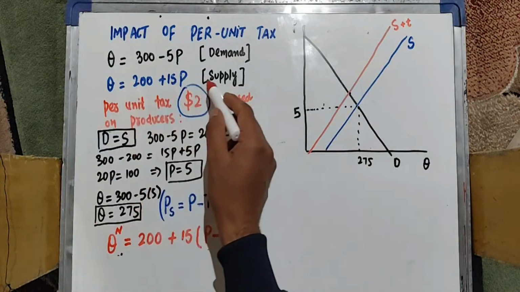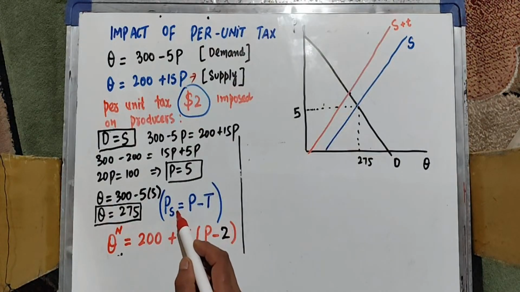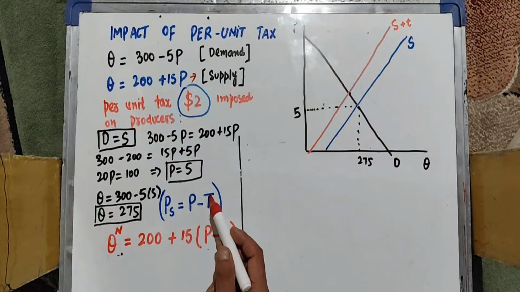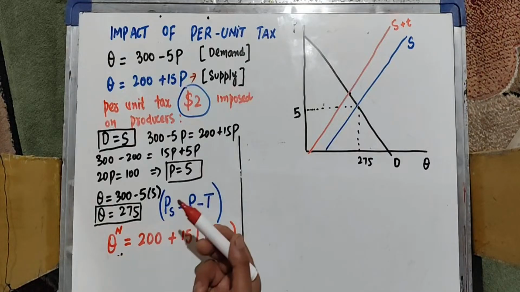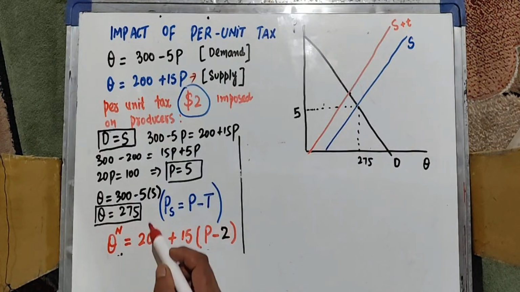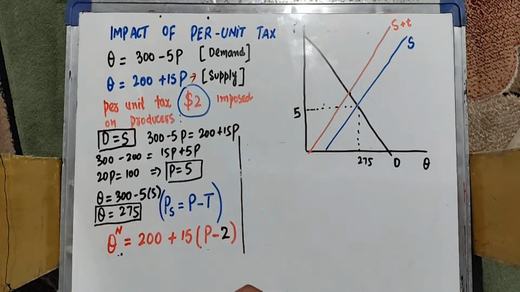Given the old supply function, the price the producers will receive will be equal to the market price minus the tax to be paid to the government, that is, minus the per unit tax. So the new supply function, where Q superscript n denotes the new supply function, will be equal to 200 plus 15 times the market price minus the tax, which is 2 per unit of output.